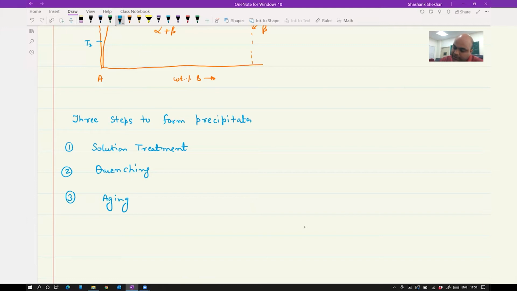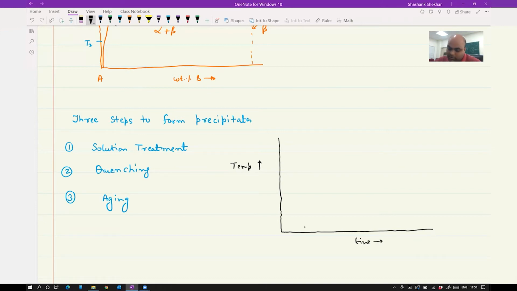So if I draw a heat treatment cycle, it is going to look something like this. Say you have temperature on the y-axis, then you have time on the x-axis.